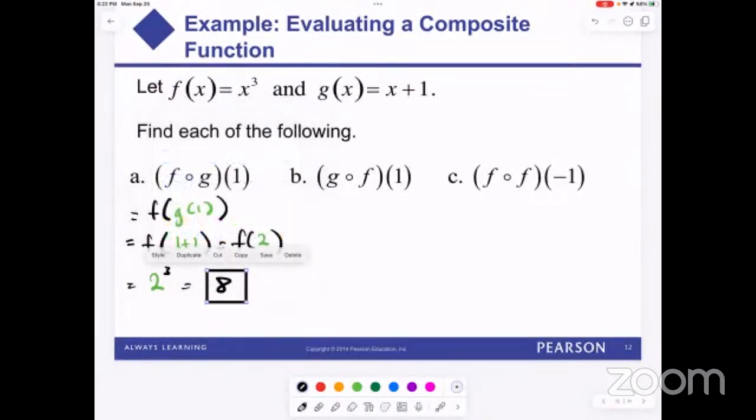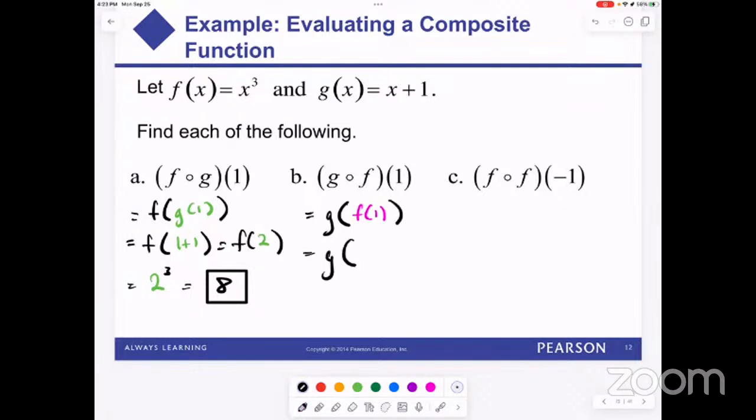All right, so then g of f of 1. What does this mean? This means g of, again, the second function inside the first function. So g of f of 1 means g of 1 to the power of 3, so that's going to be g of 1.